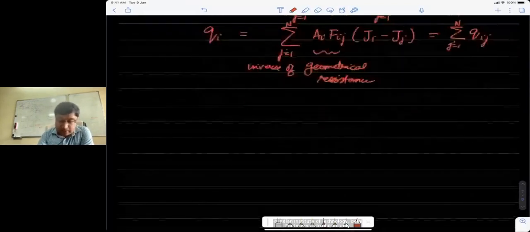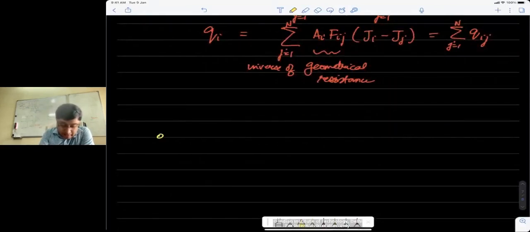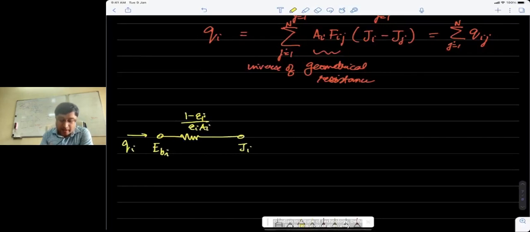The last thing that I'm going to do now is show you how this works out in the network that we had drawn. Remember we had Ebi with Qi coming in, and there was a resistance that took us to Ji. The resistance was 1 minus epsilon i by epsilon i Ai.